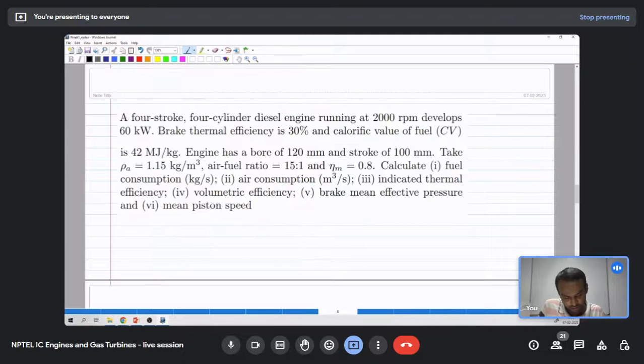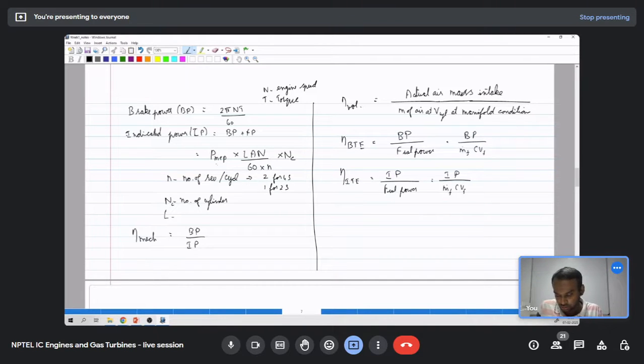Did I miss any other efficiencies? Yeah, we have brake mean effective pressure. So here I was just telling the mean effective pressure when I defined indicated power. So mean effective pressure, can anyone explain how mean effective pressure is happening?